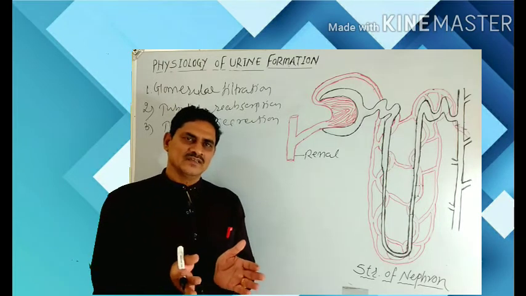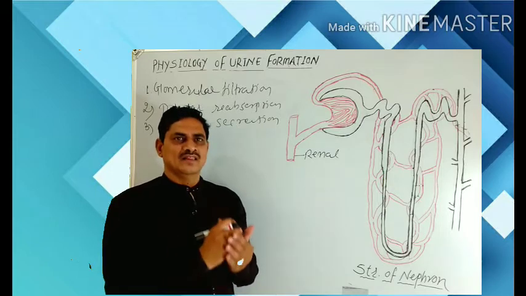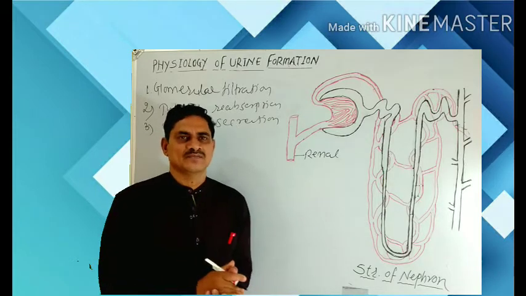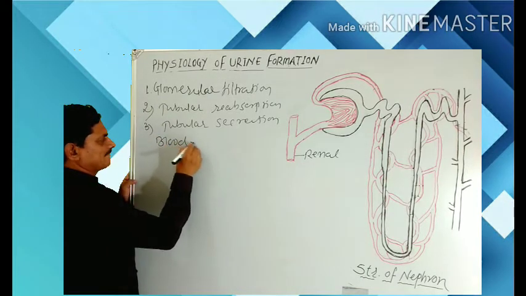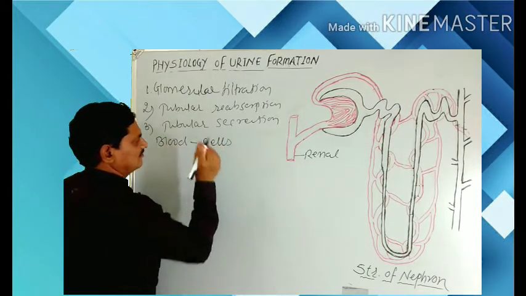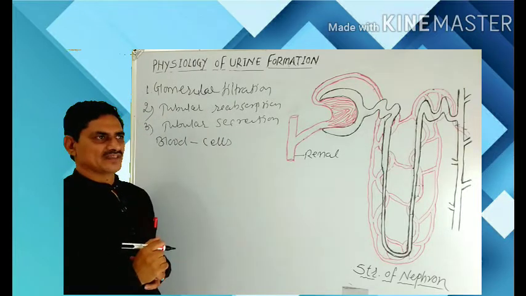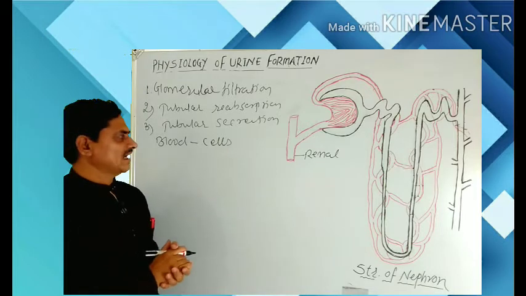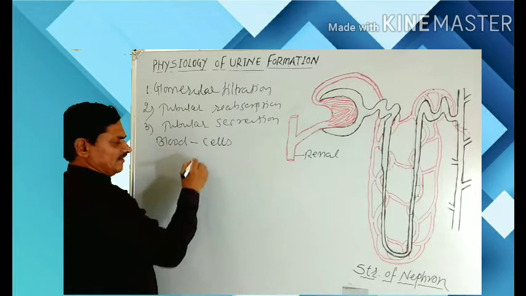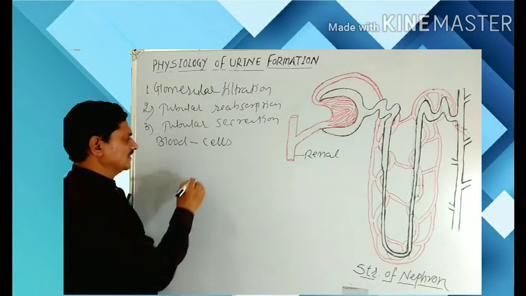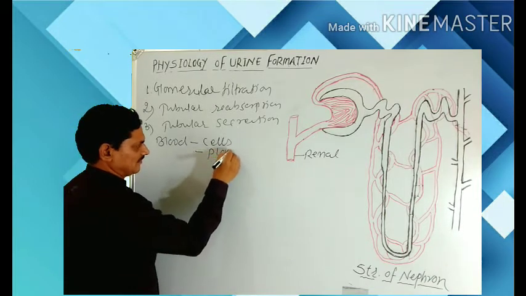Before this, we should know which components are present within the blood. In the blood, there are blood cells, which we also call blood corpuscles. These blood corpuscles are RBCs and WBCs. Near about 55% of blood is composed of plasma.